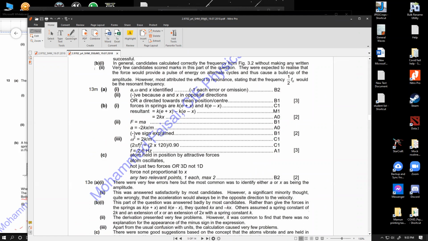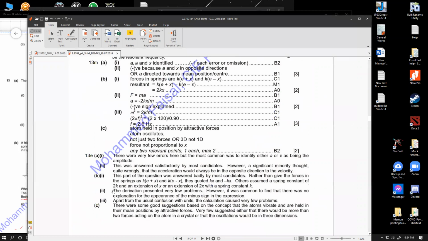If we look at the examiner's report for b2, the derivation presented very few problems. However, it was common to find that there was no explanation for the appearance of the minus sign in the expression. So you just have to write the explanation of the minus sign. You can write in any wording. You could say that the acceleration vector and displacement vector work in opposite directions, or you could write that acceleration is always working towards the equilibrium, where displacement is further away from the equilibrium.